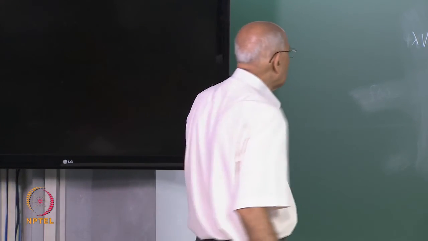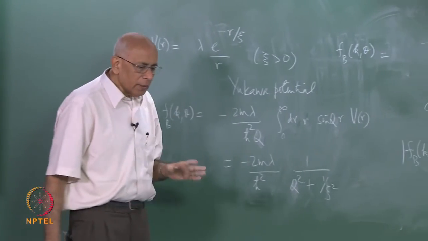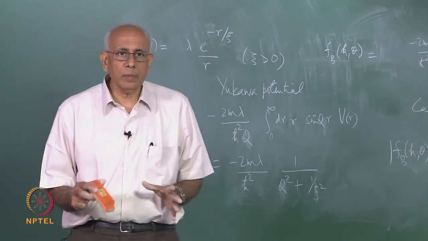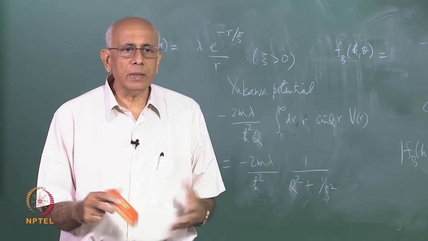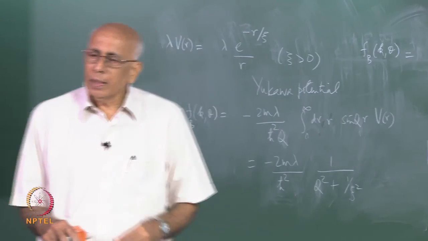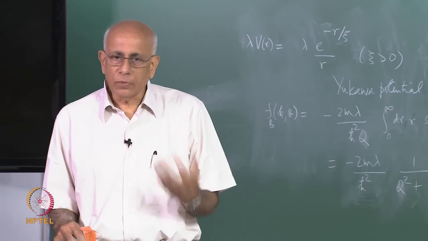Now by the way, a word about this Yukawa potential. In quantum field theory, the forces between particles are mediated by what are called gauge fields, and they are mediated by the quanta of these fields.